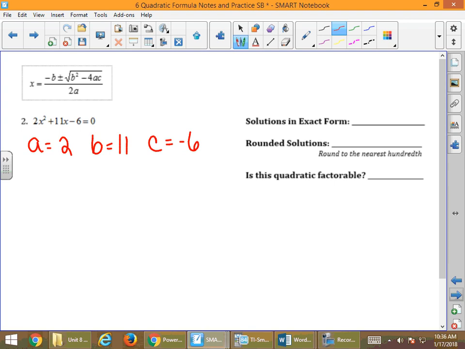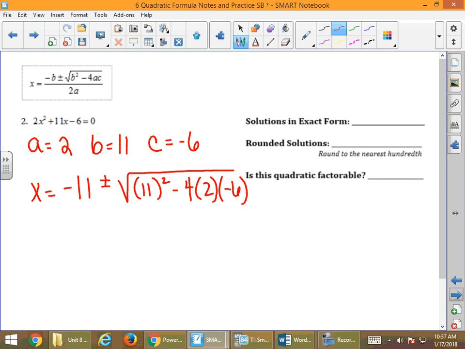And when we fill in our quadratic formula, X equals -11 plus or minus the square root of 11 squared minus 4 times A times C, all divided by 2 times A. Once again, I recommend that you use parentheses on the B squared part.